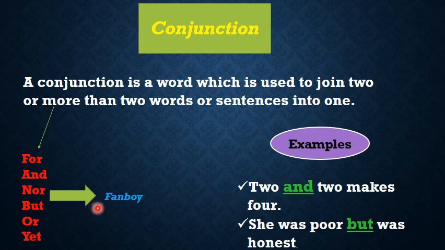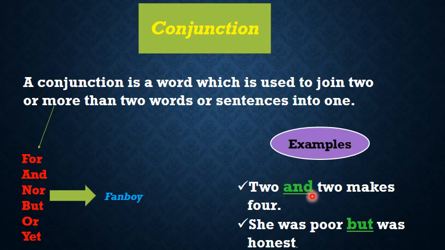And to remember these words, a term has been introduced, which is FANBOY. You can see that every word starts with this FANBOY. F for for, A for and, N for nor, B for but, O for or, and lastly Y for yet. And the examples are given over here.